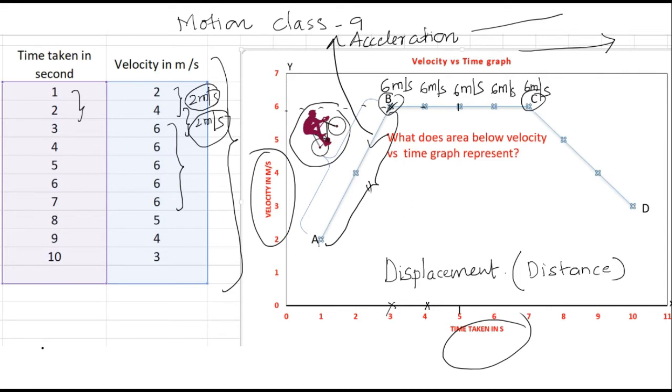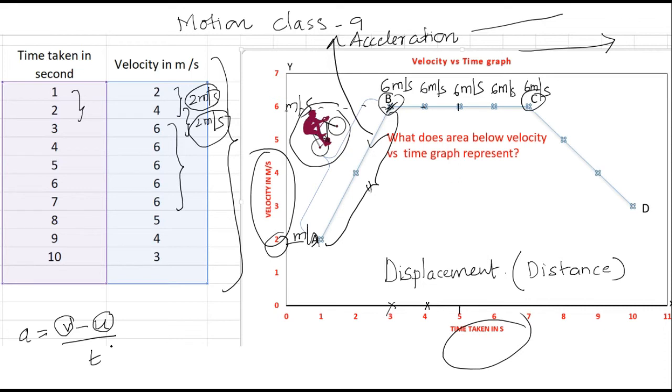Acceleration a is equal to change in velocity, that is v minus u, divided by time. And what is change in velocity? Final velocity minus initial velocity. And what is the final velocity? 6 meter per second minus 2 meter per second.